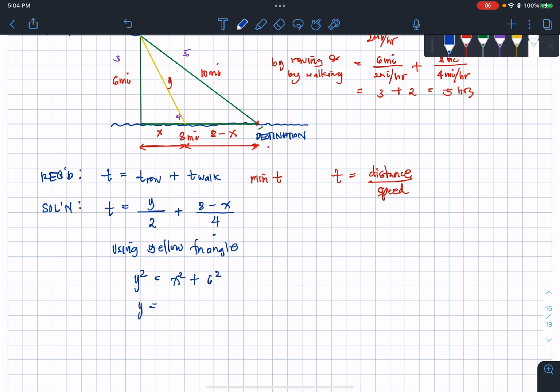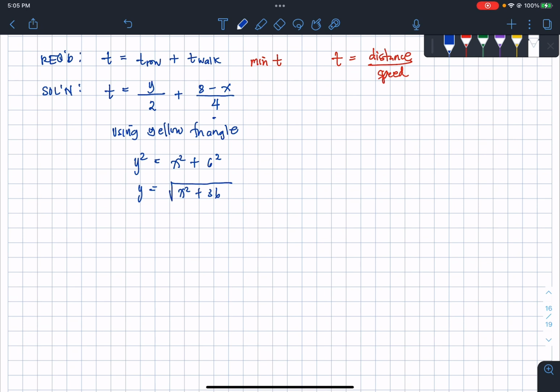So y is then equal to the square root of x squared plus 36. Then we substitute that to our time. So t would be equal to the square root of x squared plus 36 divided by 2, plus 8 minus x divided by 4. So now, to minimize time, we differentiate t with respect to x, and then we equate that to 0.